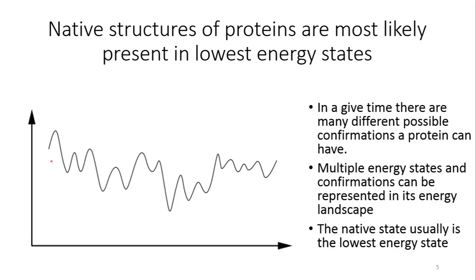What this graph represents is what happens if you try to plot time on the x-axis and energy change on the y-axis. This is what this energy plot would mean. Say, for example, you begin with any protein structure, folded this way, and it is associated with a certain energy value that is present over here.